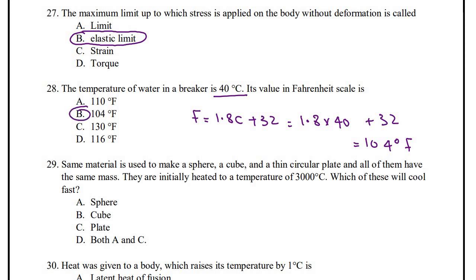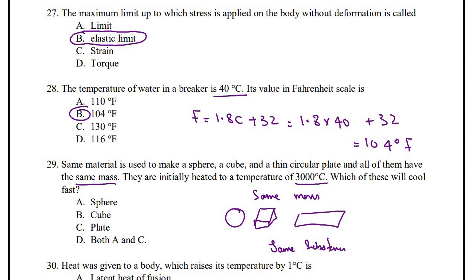The same material is used to make a sphere, a cube, and a thin circular plate, and all of them have the same mass. Initially, they are heated to a temperature of 3000 degrees centigrade. Which of these will cool fastest? These three bodies have the same mass, are made of the same material, and are all heated to 3000 degrees centigrade.